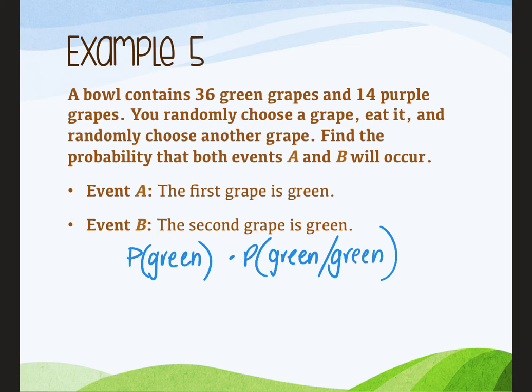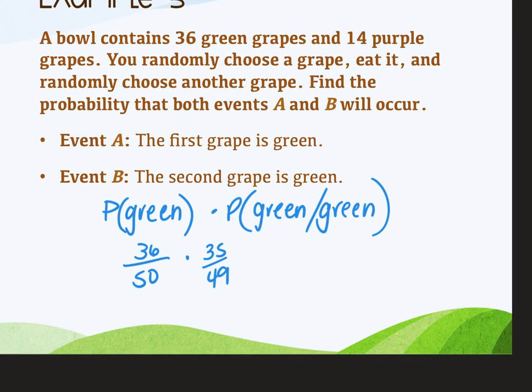So what's the probability you get a green grape the first time? 36 out of 50. Now that green grape is gone, so what's the probability of getting the green grape the second time? 35 out of 49. Good. So not only is our total space reduced by 1, but we assume we got the green grape.